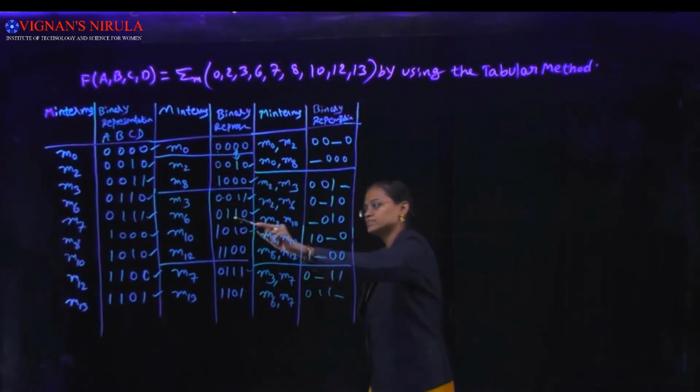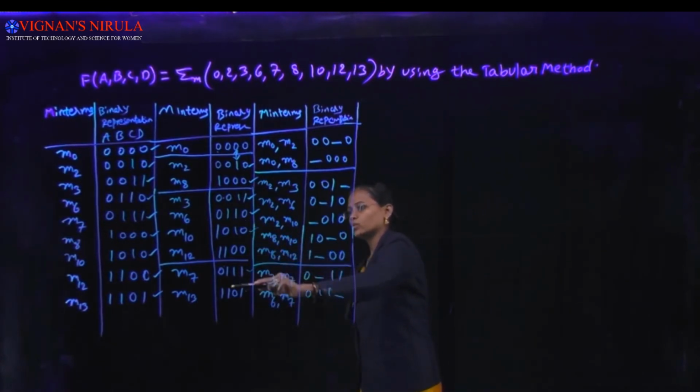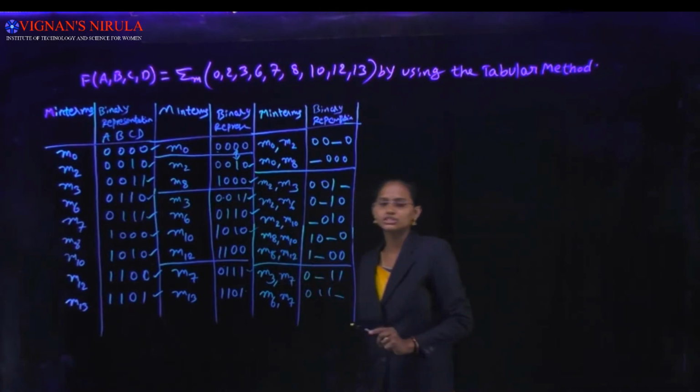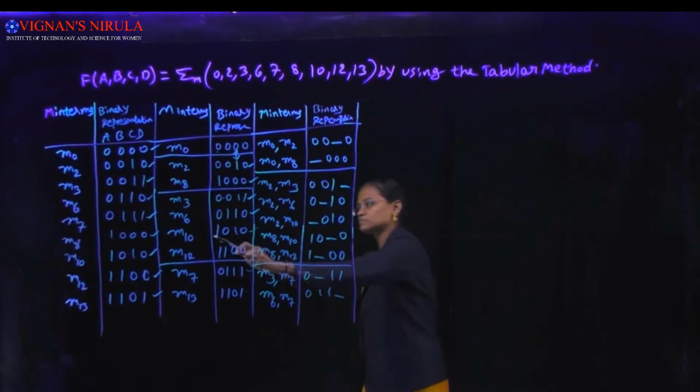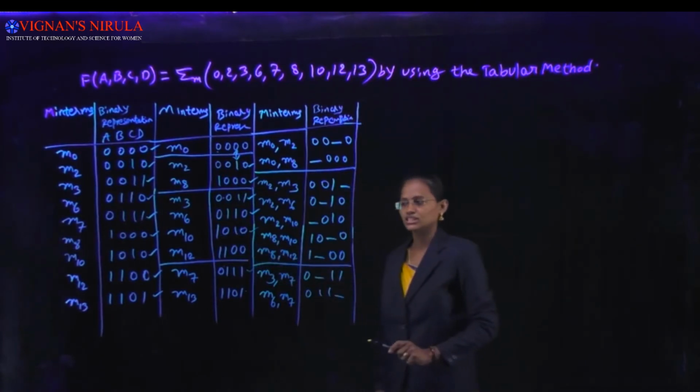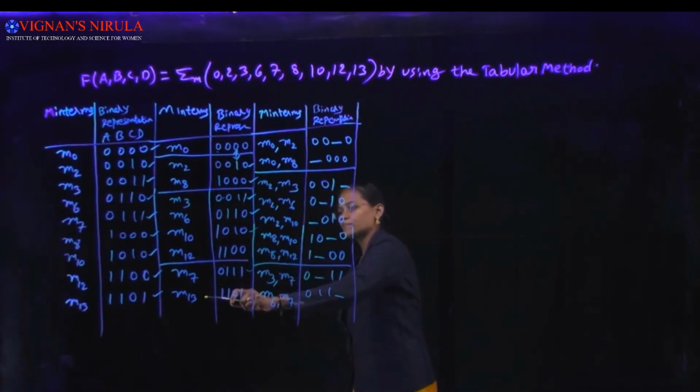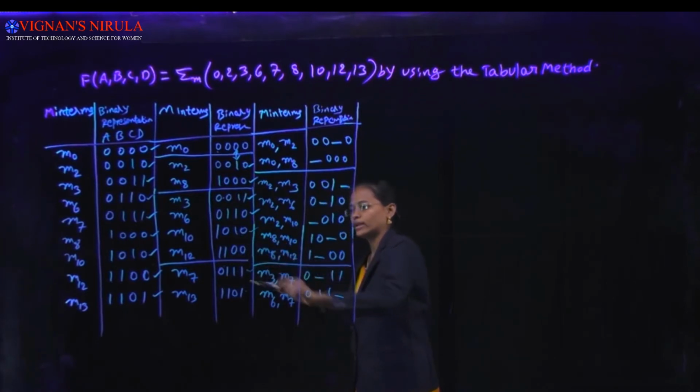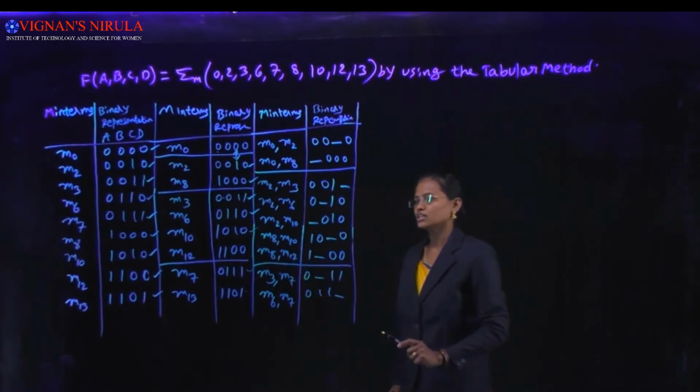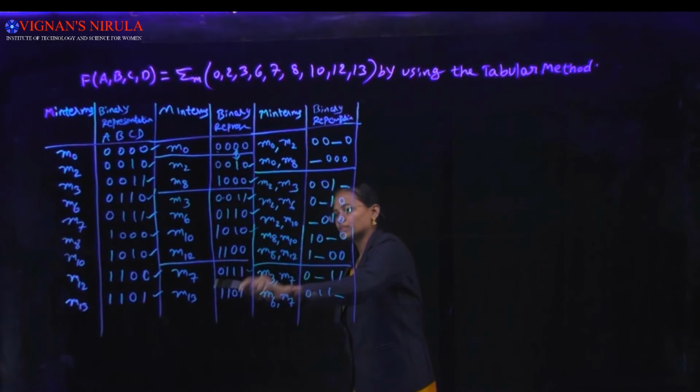And next M6 and M13, 0 1 1 1 0, two positions are changed. And next M6 and M7, 1 0 0 1, two positions are changed. And next M10 and M13, 1 1 0 1, two positions are changed. M10 and M13, 1 1 0 1 1 0.